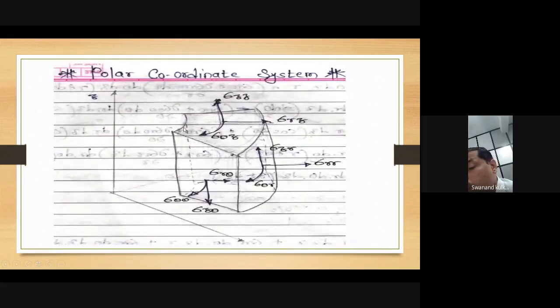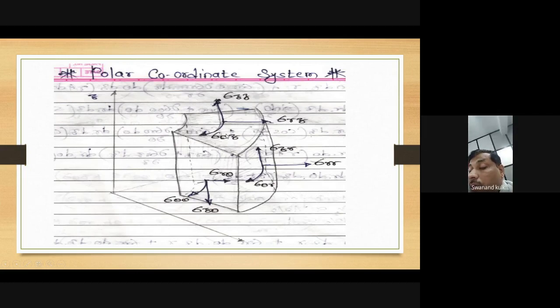As far as the top surface is concerned, sigma zz is the stress present on the top surface, and its components are sigma theta z and sigma rz. Sigma rz is along the radial direction, and sigma theta z is along the angular direction.